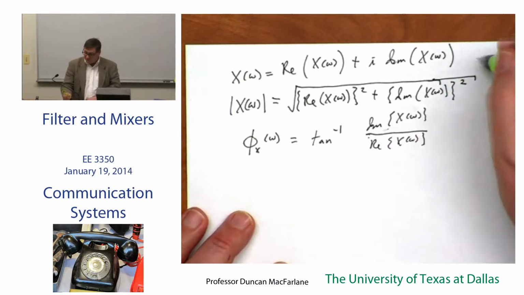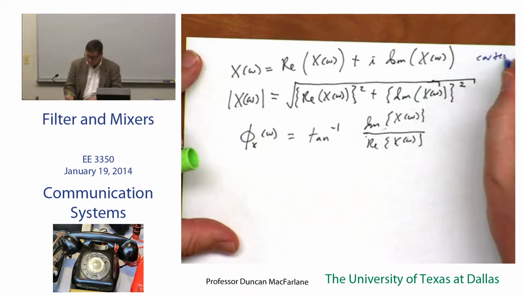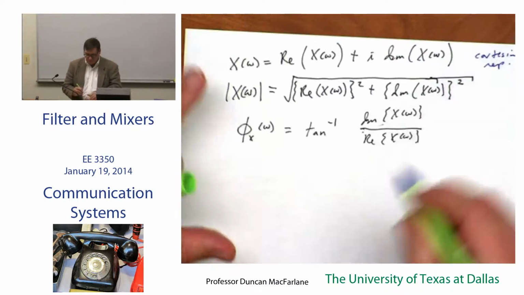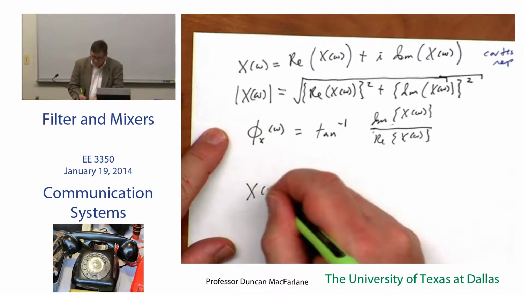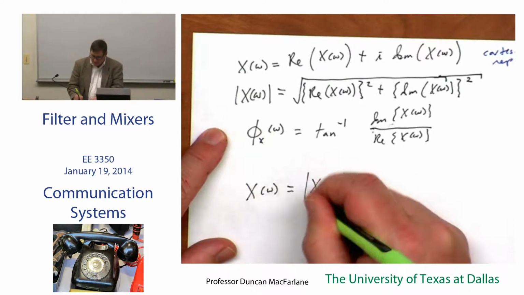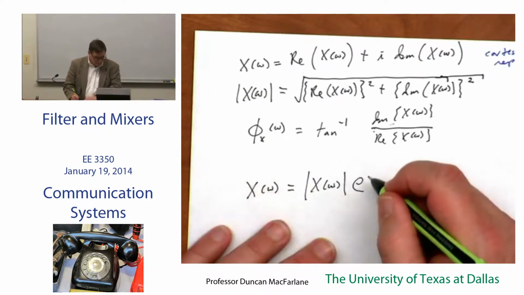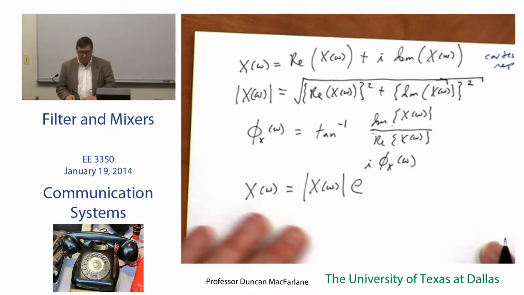And so this is the Cartesian representation. Then the polar representation of that signal looks like that.